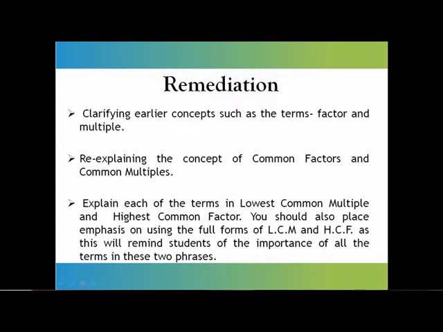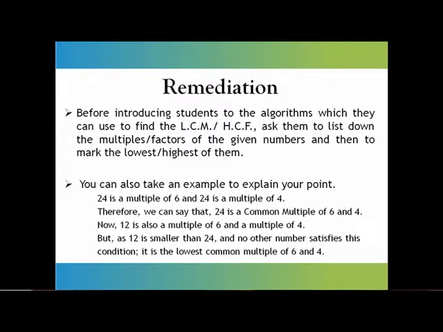You should also place emphasis on using the full forms of lowest common multiple and highest common factors, as this will remind students of the importance of the terms in these two phrases. Before introducing students to the algorithms which they can use to find the LCM or the HCF, ask them to list down the multiples and factors of the given numbers and then to mark the lowest or the highest of them. You can also take an example to explain your point.